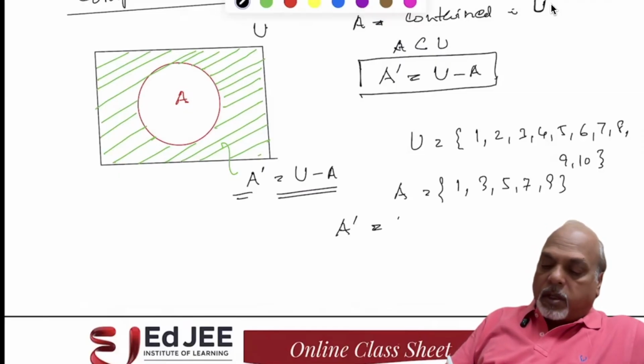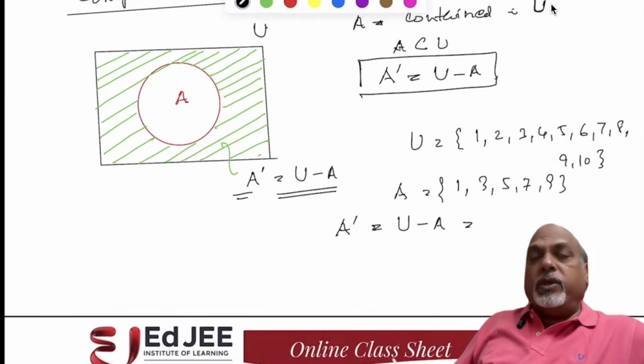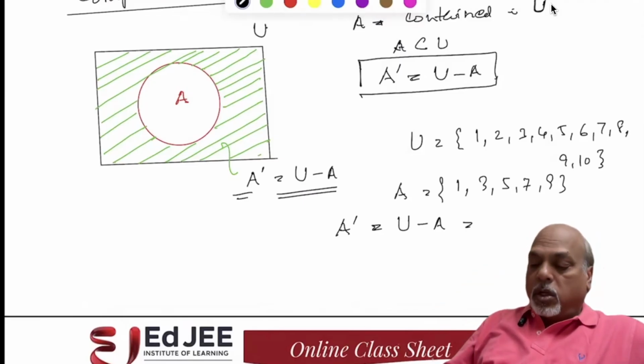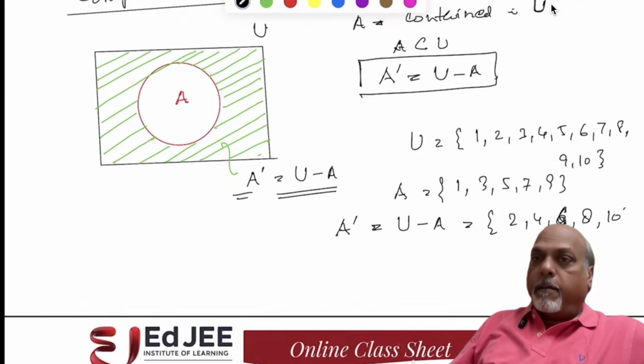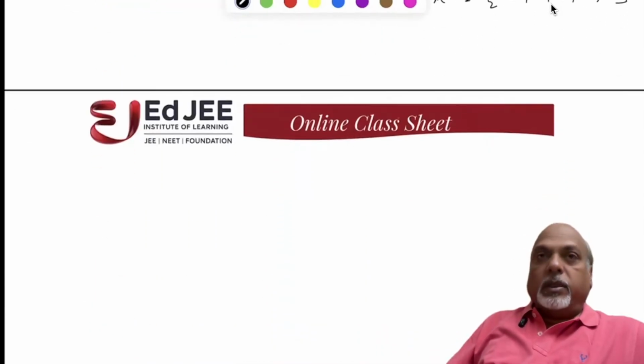A dash is nothing but U minus A, so just see what are the elements of U which do not belong to A, and those will be 2, 4, 6, 8, 10. Correct? So this is how you can define the complement of a set.